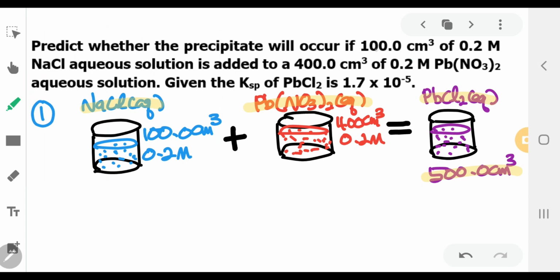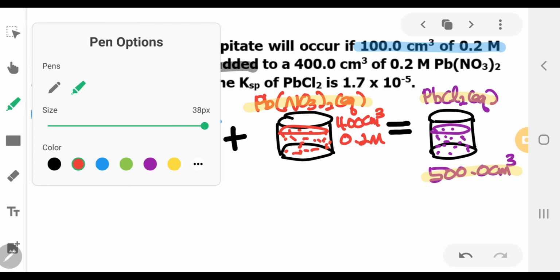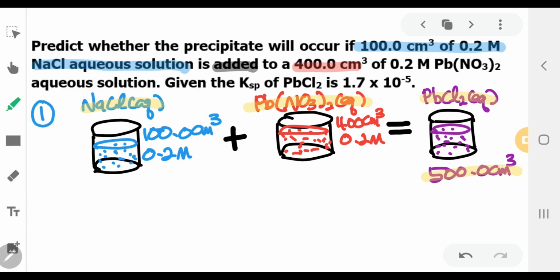We have the sodium chloride aqueous solution, this in blue, added. Okay, you have the word added over here, added with 400 centimeter cubic of lead nitrate aqueous solution in red.